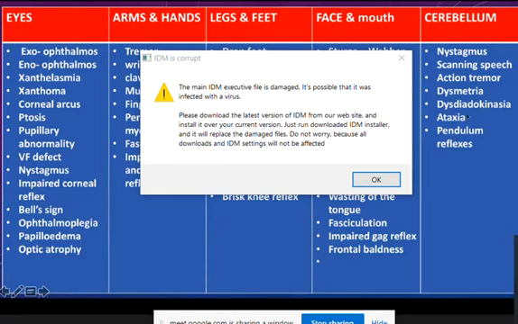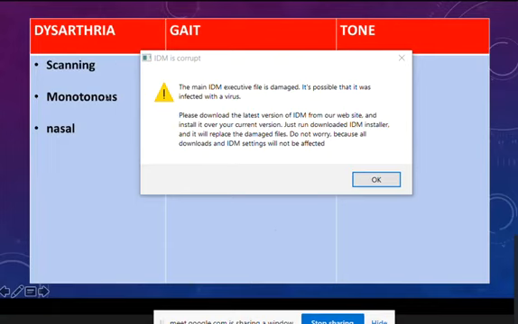These are the cerebellar signs. And then we have dysarthria: scanning speech, which is due to cerebellar lesion, monotonous speech due to Parkinson's disease, and nasal speech due to MND and myasthenia gravis.